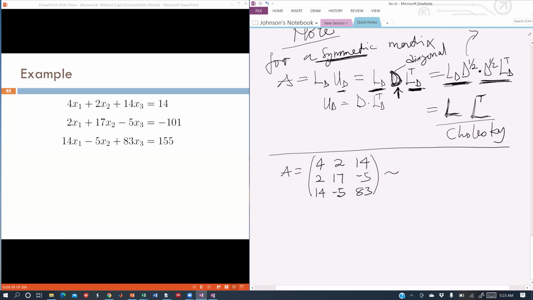This is equivalent to, through Gaussian elimination, we are going to have 4, 2, 14, and then row 2 is equal to row 2 minus the Gaussian factor, which is 1 over 2, row 1.